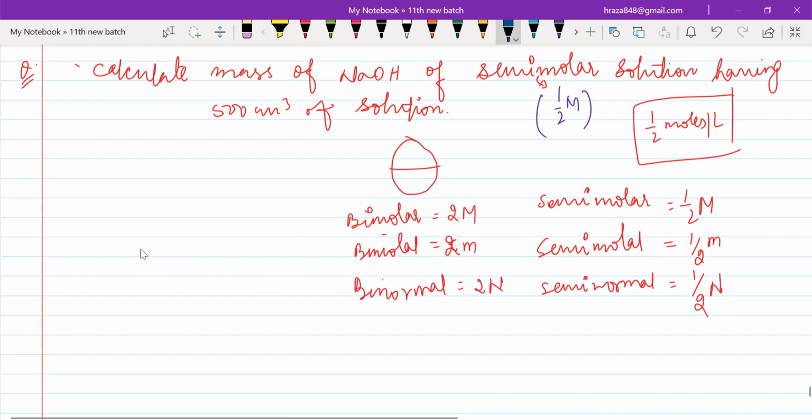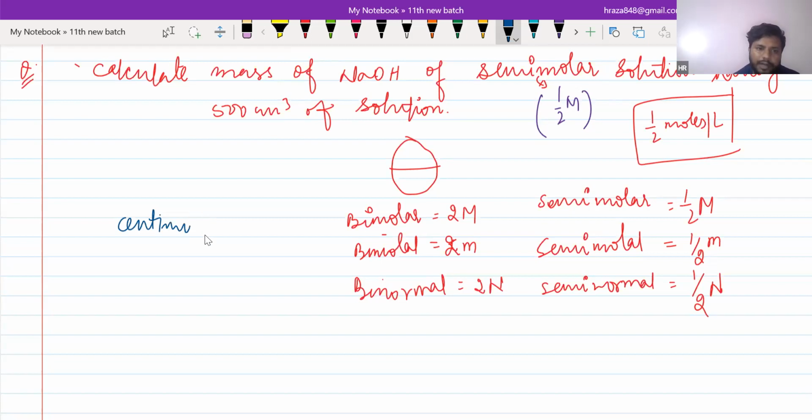This is important. If it is given centimolar, that means 1 by 100 M. If it is given centimolal, that means 1 by 100 small m.